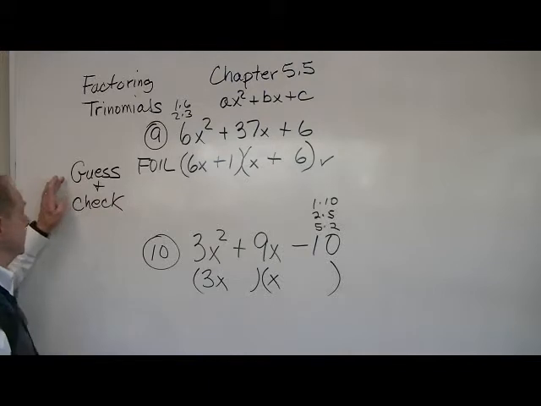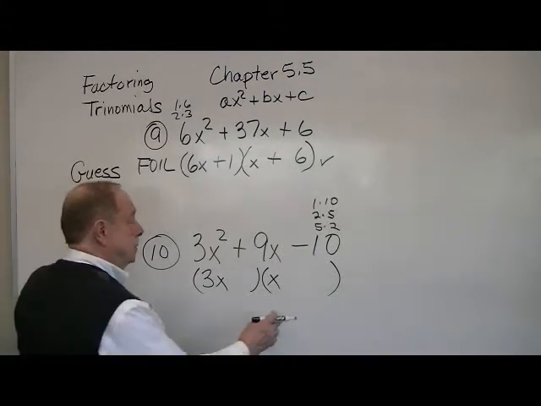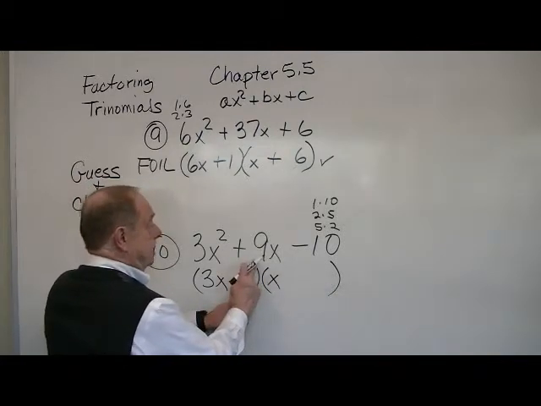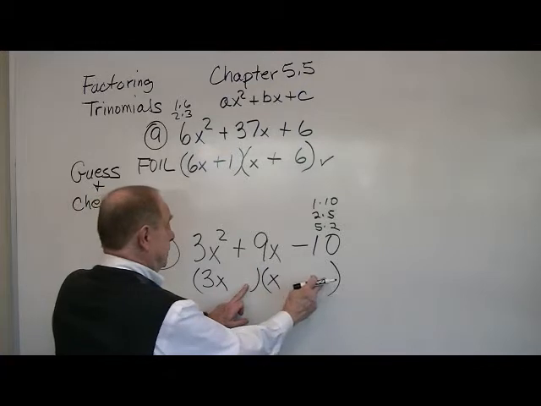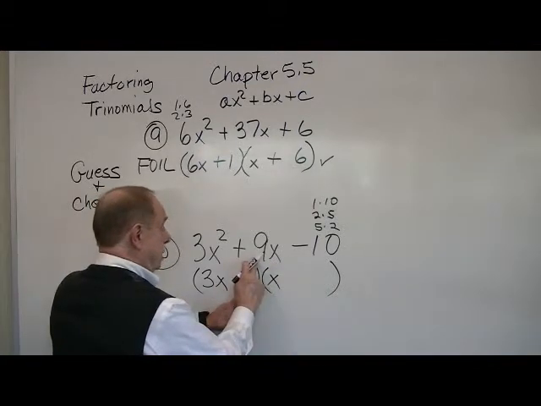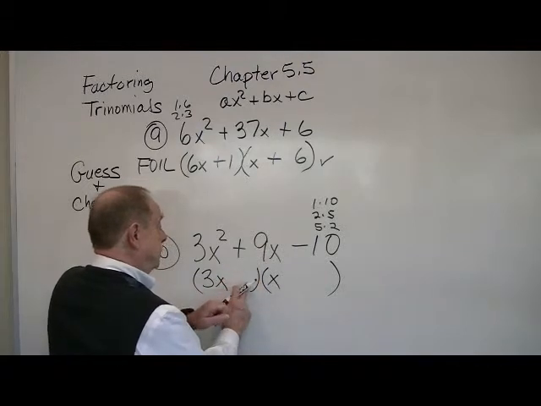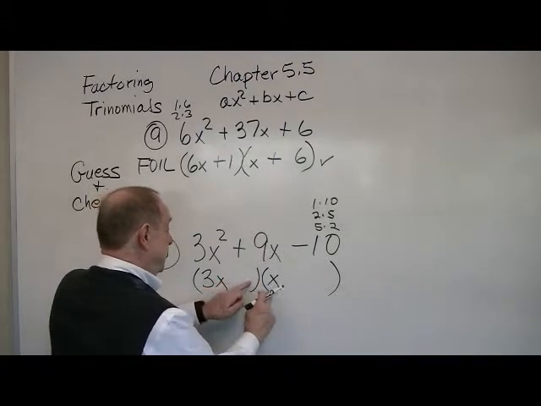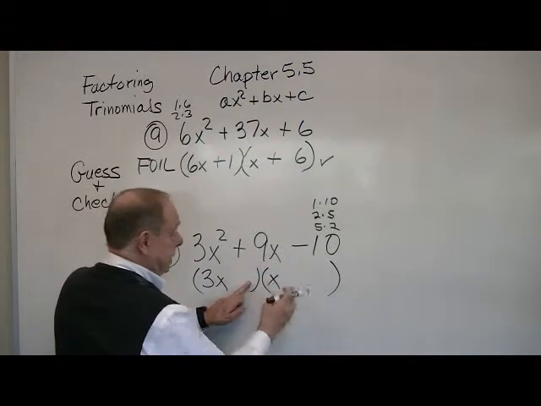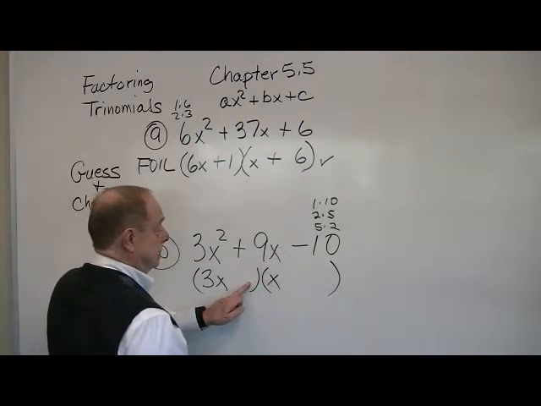And again, a lot of this is guess and check. Now, if we put the 10 and 1 there, that's not going to make a 9. If we put the 5 and 2 there, that's not going to make a 9. If we put the 5 there and the 2 there, that's not going to make a 9.